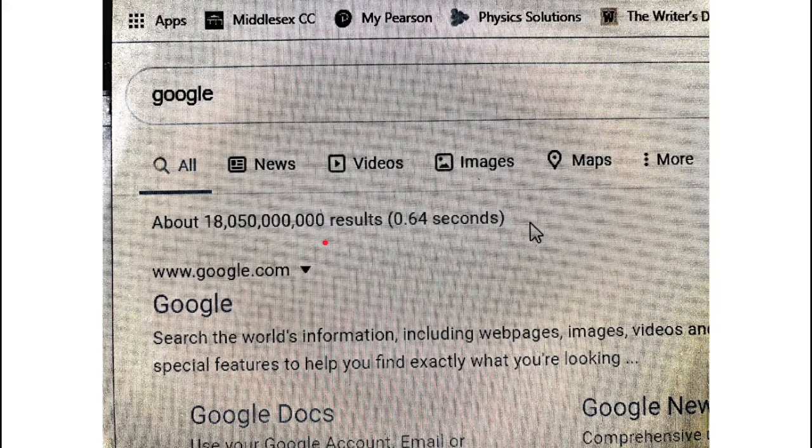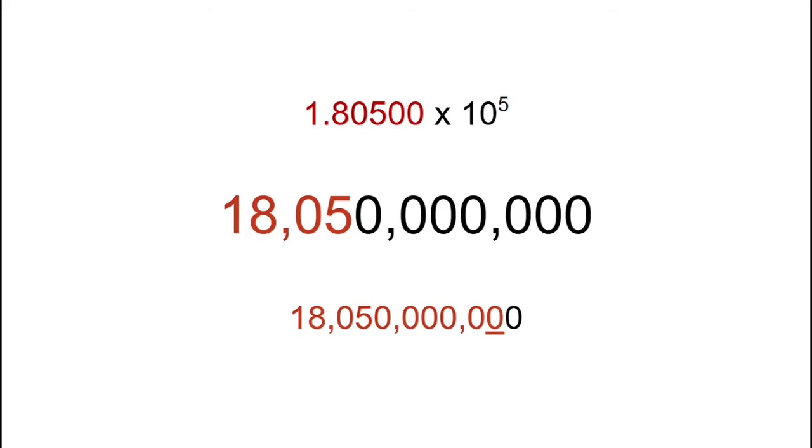So how do we know how many significant figures there are? Well, it depends on how you write it. So if you write it this way, in scientific notation, you know that everything before the times 10 to the power is significant. If you write it this way, then whatever comes before the trailing zeros are significant. So this zero over here is significant because it's in between two non-zero digits.